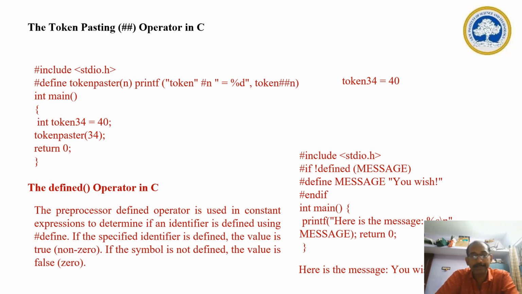So look at this here. #include <stdio.h>, #if !defined(MESSAGE), #define MESSAGE "You wish", #endif. Then the main program: int main() { printf("Here is the message: %s", MESSAGE); return 0; }.